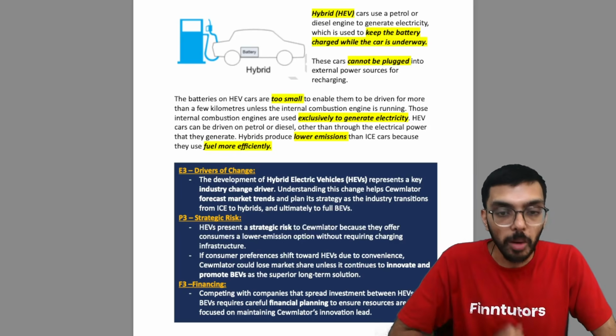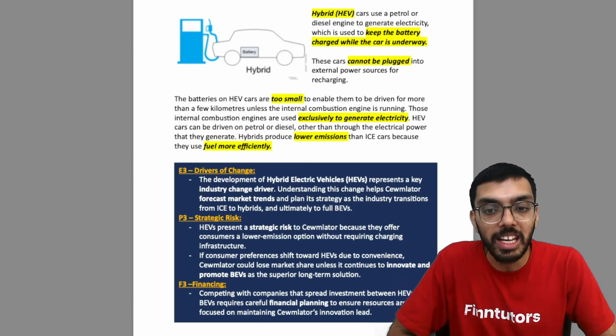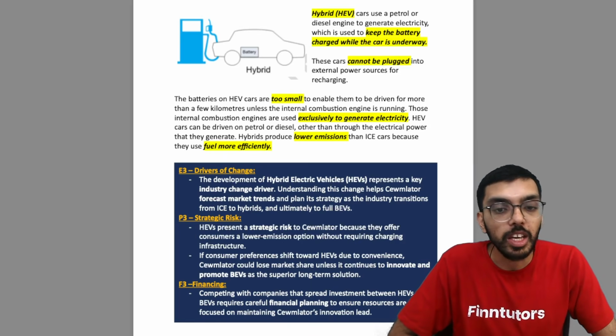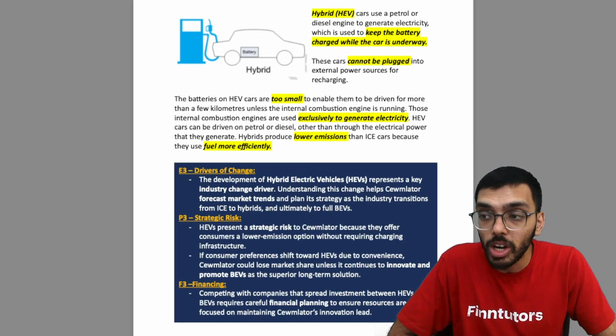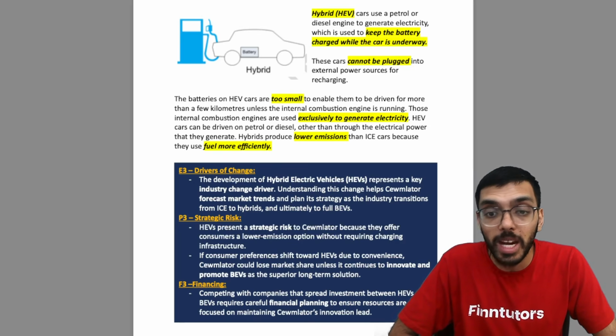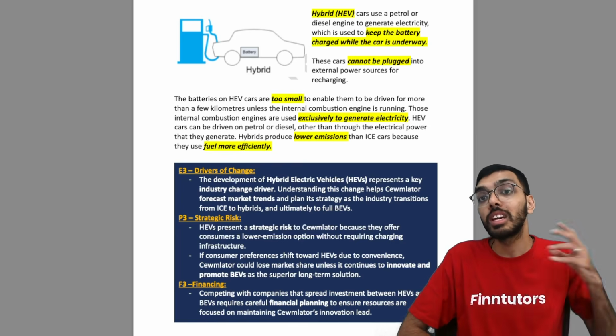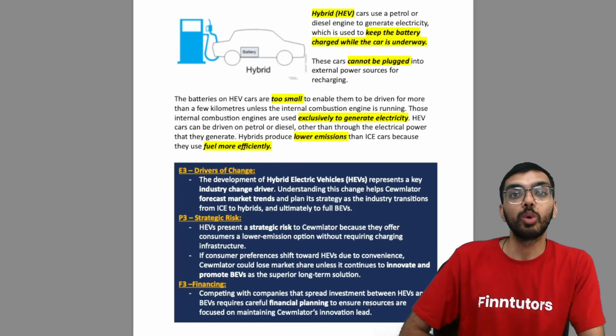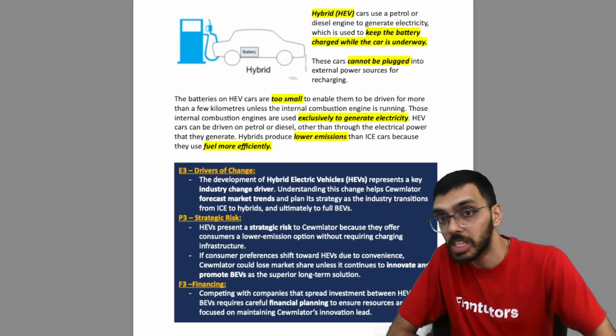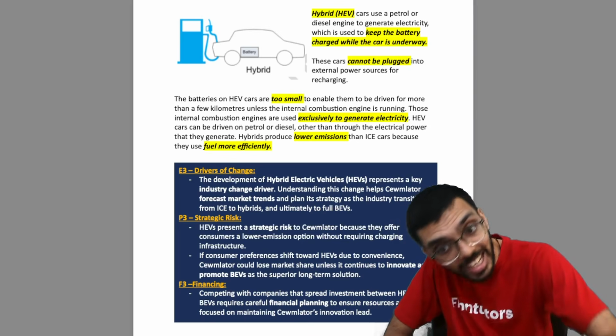So overall, competing with companies that spread investment between HEVs and BEVs requires careful planning to ensure our resources are used well. So where are we putting our eggs? Are we only selling BEVs? Are we selling a mixture of BEVs, PHEVs, HEVs?